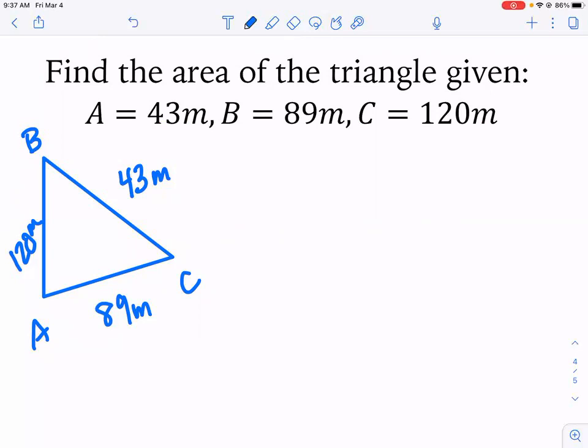All right, so we have a triangle with 3 sides, which means we can use Heron's formula.